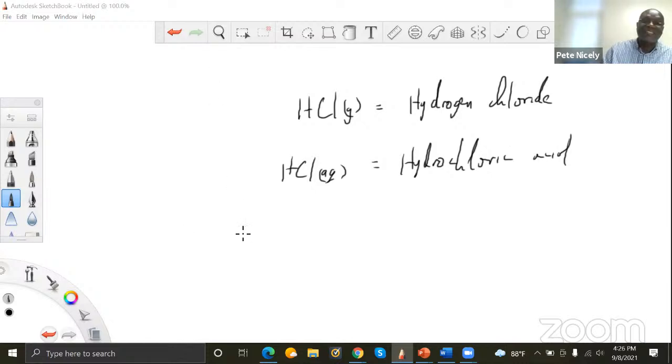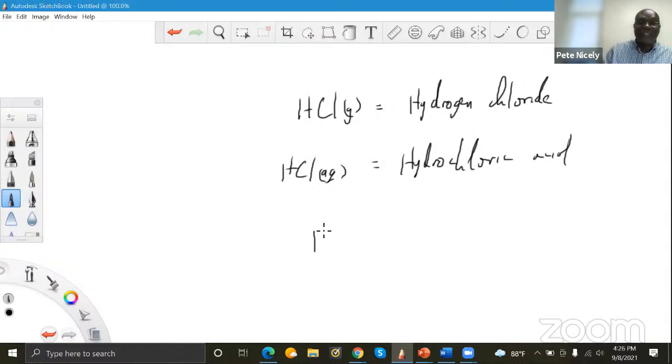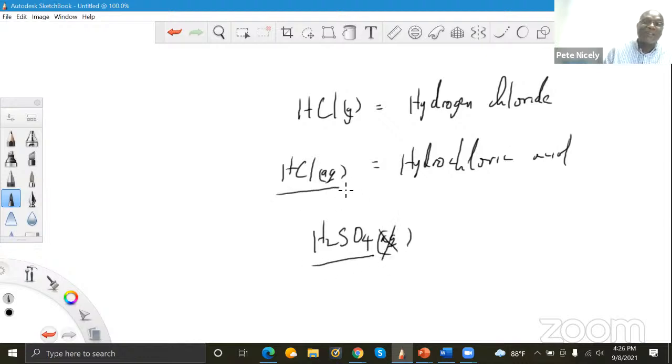And the answer is yes. Because in the case of oxyacids, it's not necessary to indicate AQ to show that it's an acid, right? So for example, H2SO4, without the AQ, it's already understood to be an acid, even though most often it's in an aqueous solution. Even without this, you know that this is an acid. That is not true in the case of binary acids.